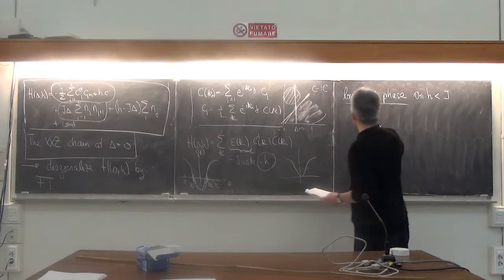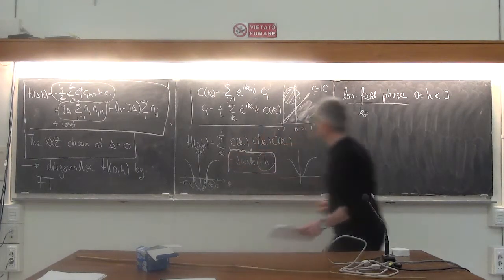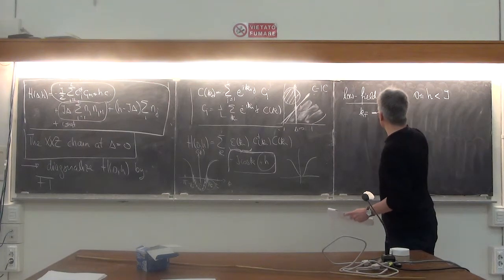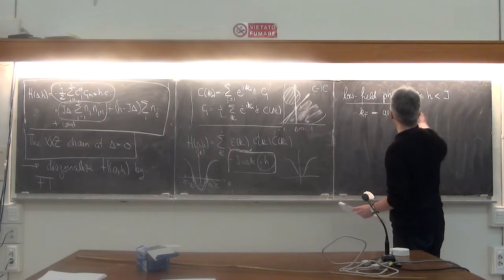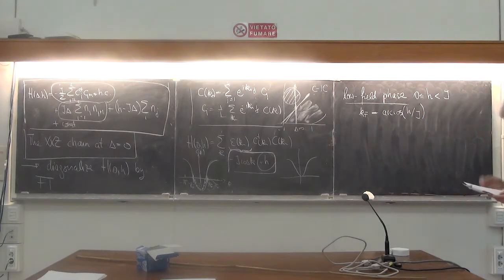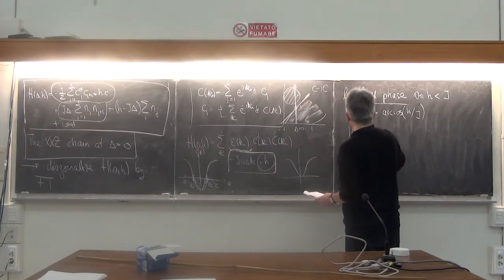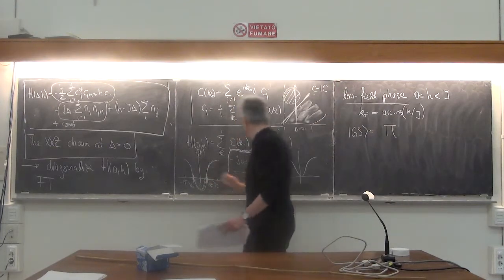Then this kF you can just work out from here by setting the dispersion equal to 0. So kF is something like arccos(h/J), and this is just some number. Then, as I said, the ground state is obtained by filling all negative energy states.